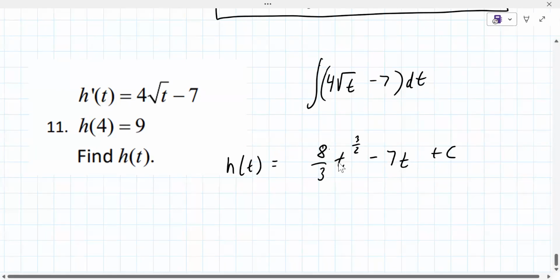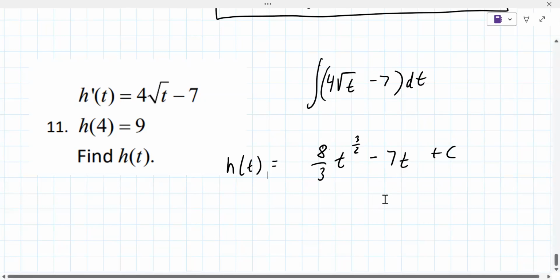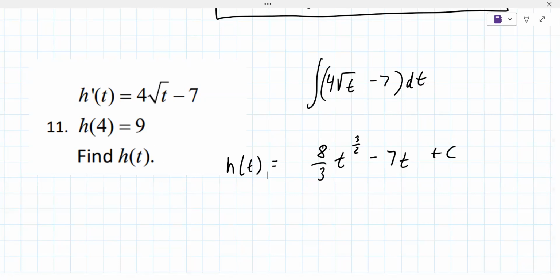You're putting 4 in for the t here. You have to be able to raise 4 to the 3/2 power. Are you generally allowed to use a calculator in this class? Yeah. Okay, so please feel free to use one here, and let me know what you come up with for your value of c, sorry.